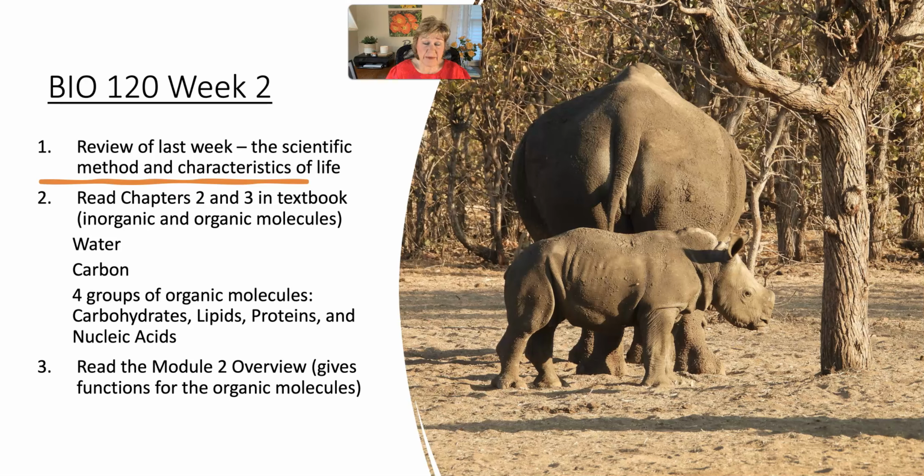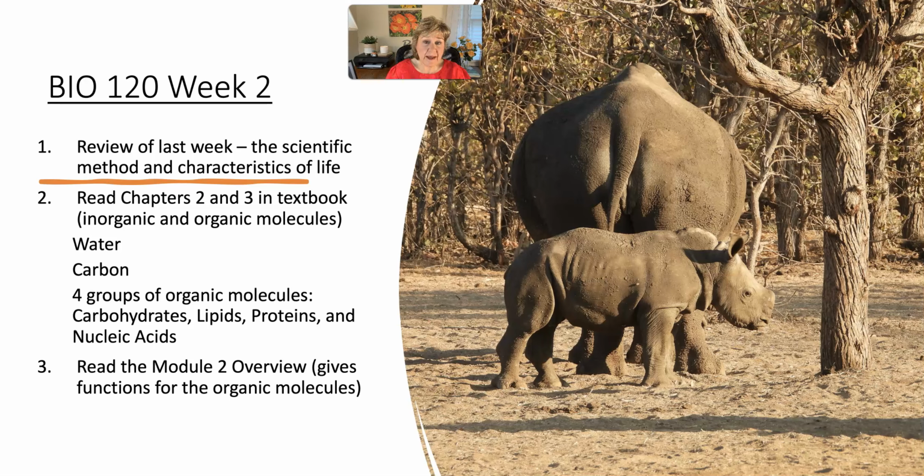That's the scientific method. And we learned about the characteristics of life, and you compared a couple of those characteristics to something that's non-living and living, like homeostasis, metabolism, reproduction, etc. Every life form has to have all of those characteristics. Not all but one, not 3 out of 9.